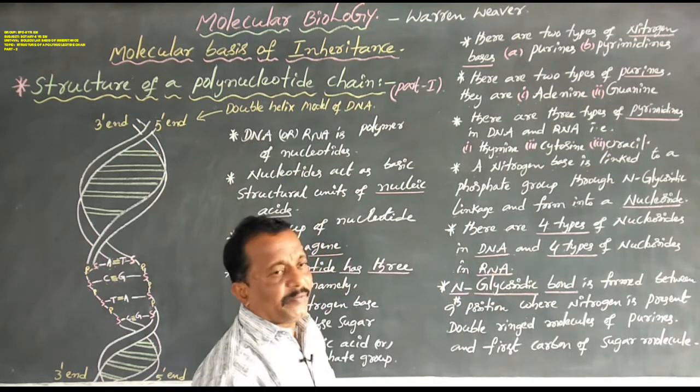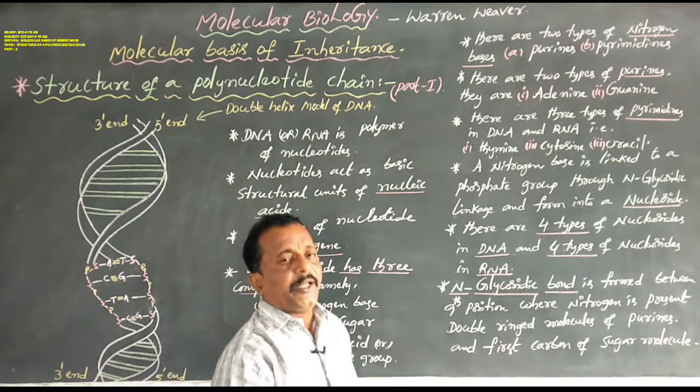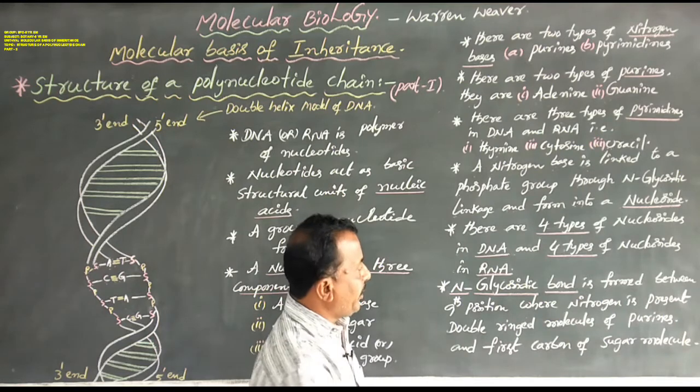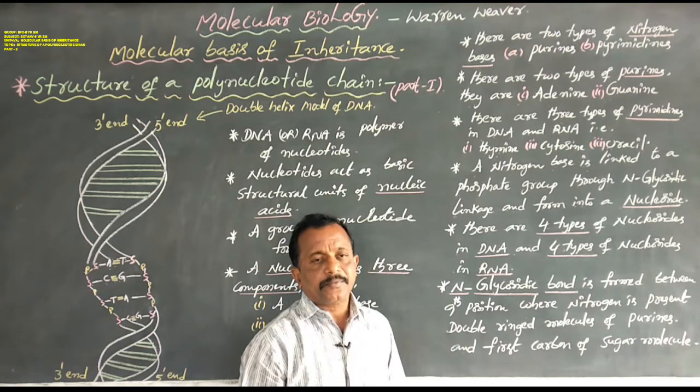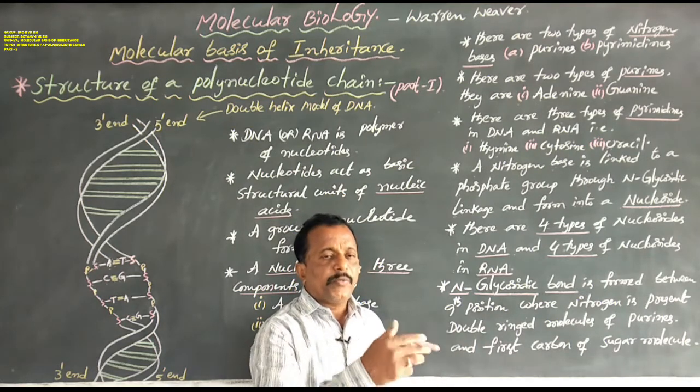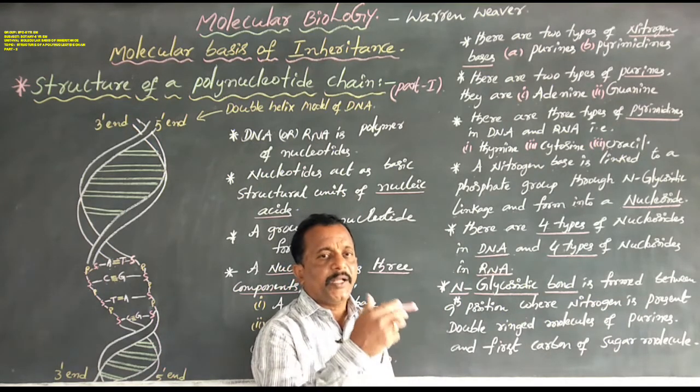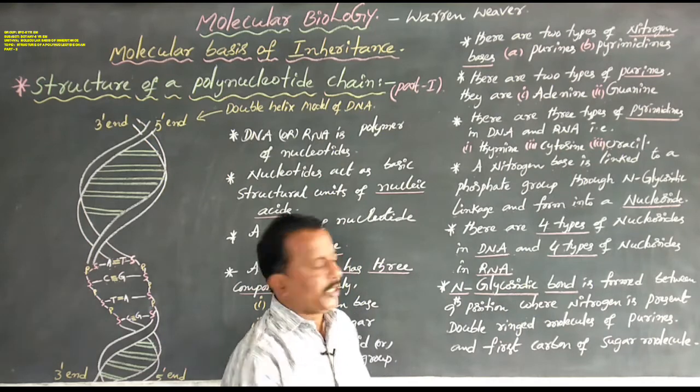How is the N-glycosidic bond formed internally, either in DNA or RNA? This would be clearly shown in the chemical structure.